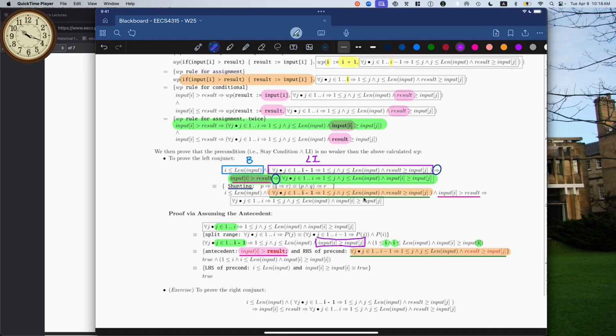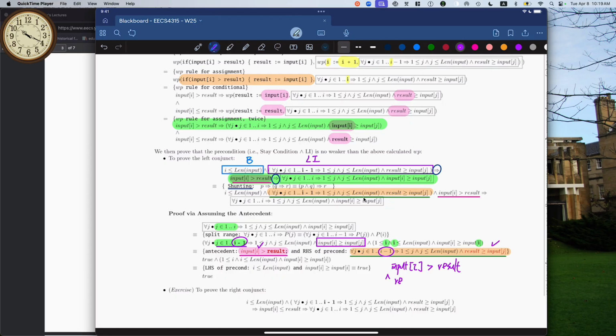This is something you want to prove, right? Within this particular range. And then what we are saying is, first of all, we start with this one here. So we got input I larger than result. And also we got this one here within this particular range, right? I minus 1, it's actually matching the range right here. So that's why we can use the assumed antecedents. And also result larger than or equal to, oh, sorry, let me just write it down underneath.